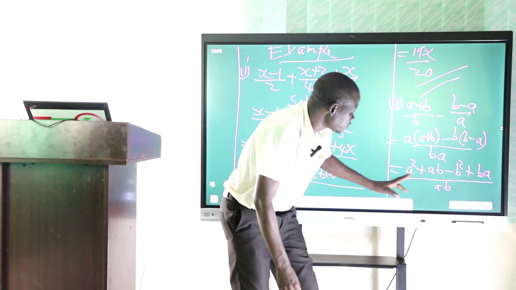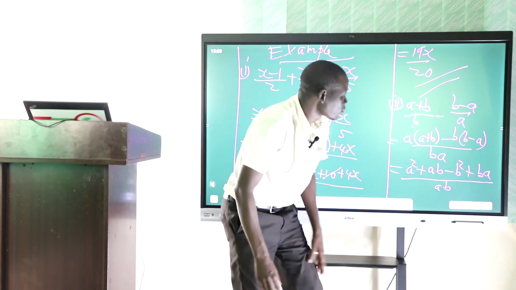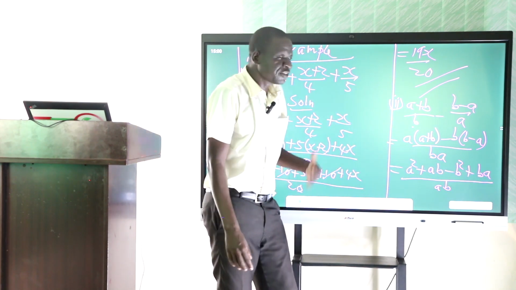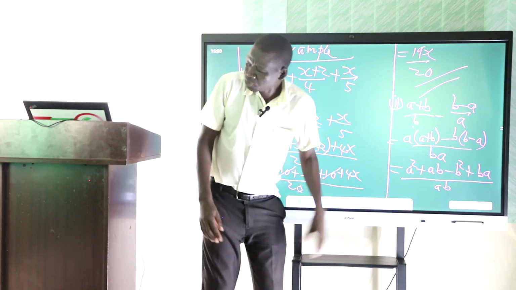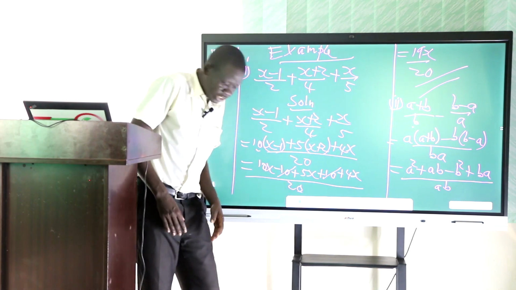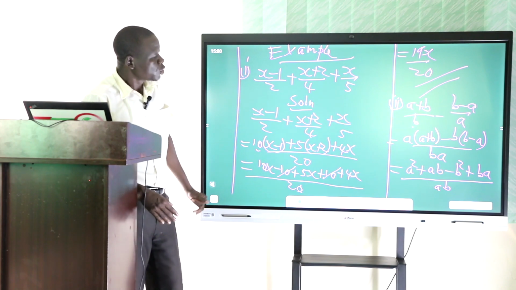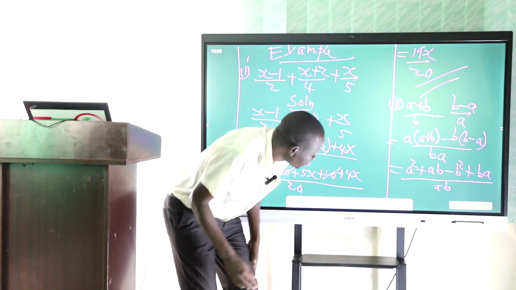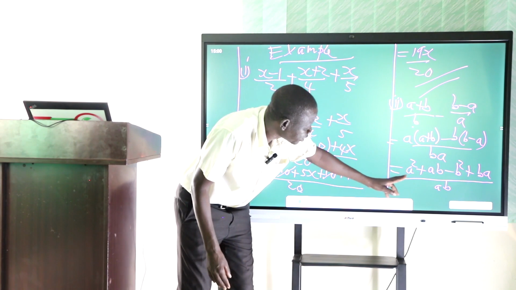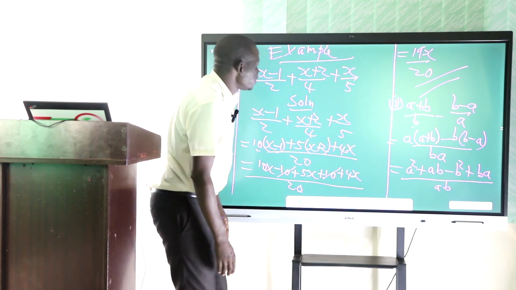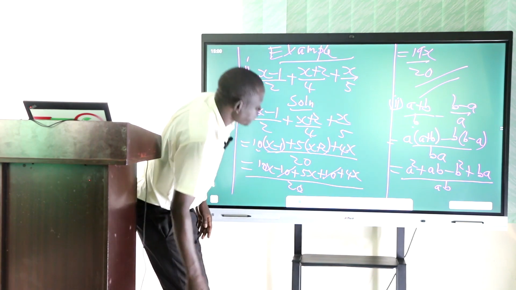Yes, we have ab is the same as ba under the commutativity property. So the answer will now be a squared plus 2ba minus b squared all over.